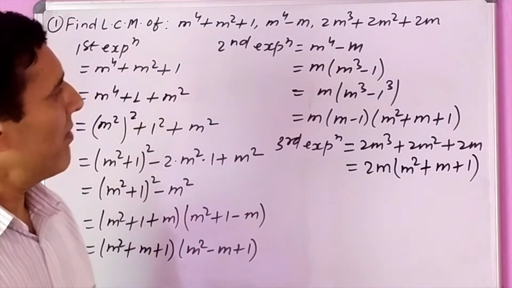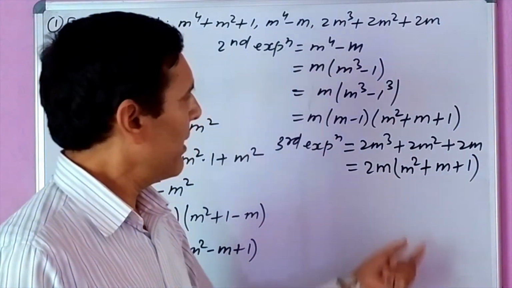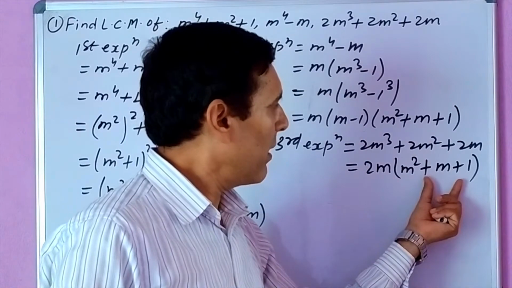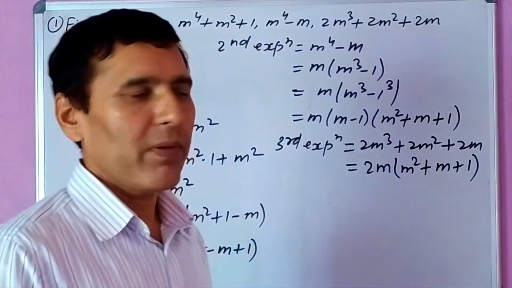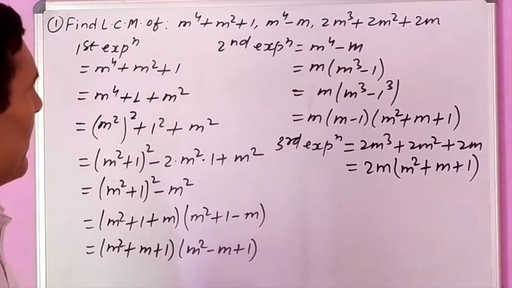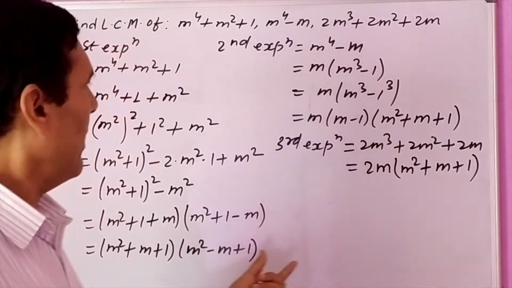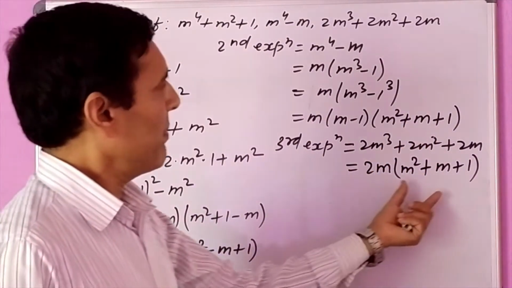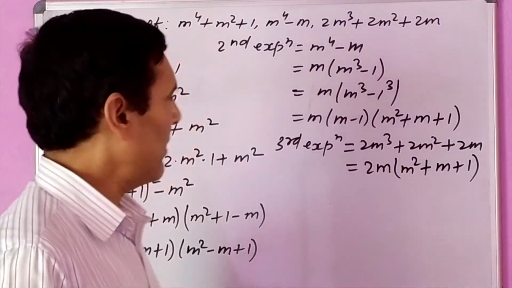So when you take 2m common from all three terms, there will be remaining m square plus m plus 1 in the bracket, which is in its simplest form and cannot be factorized further. We have the same expression in the second expression as well as in the third. So this is the common factor in all three expressions.